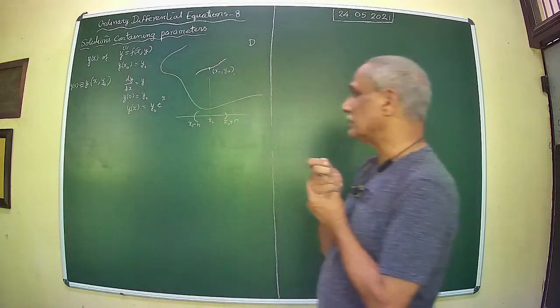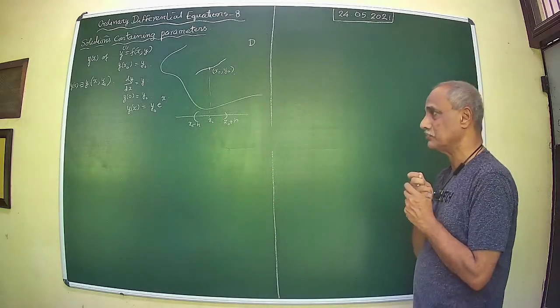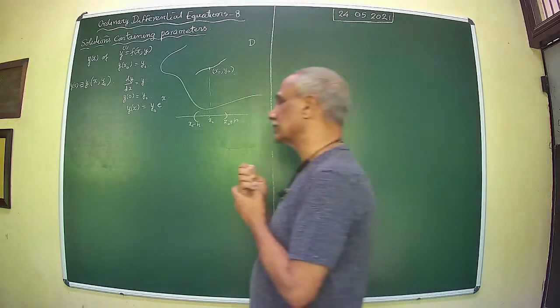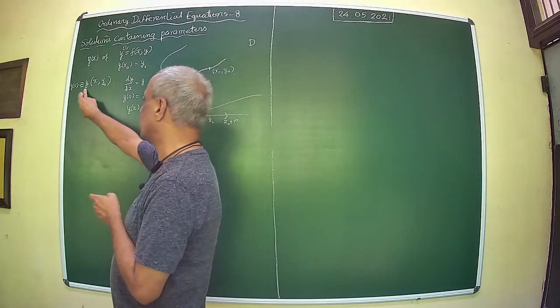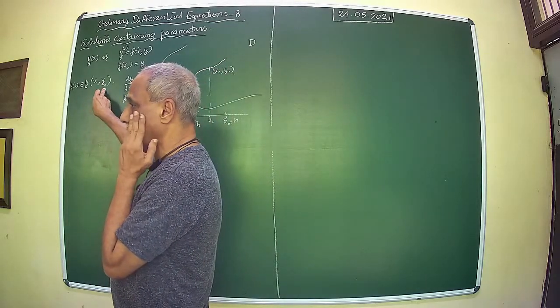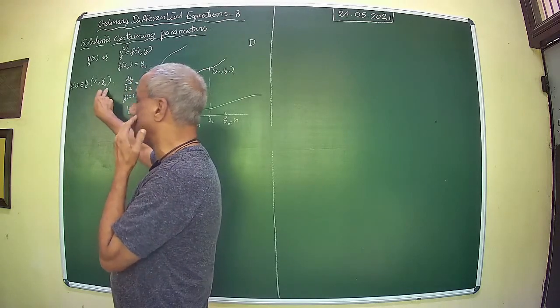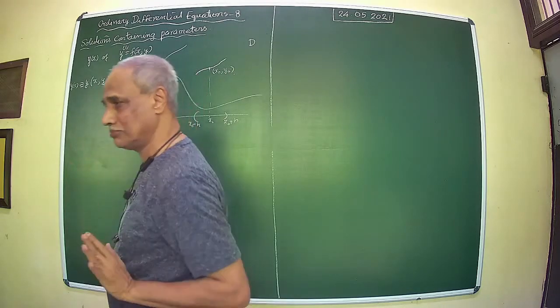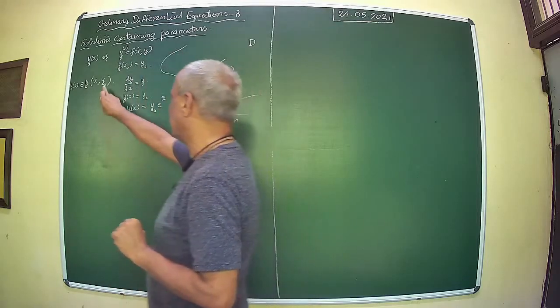So one of the questions that you ask is this: is it sensible to use this solution as an approximate solution to the actual problem? This depends on y naught.